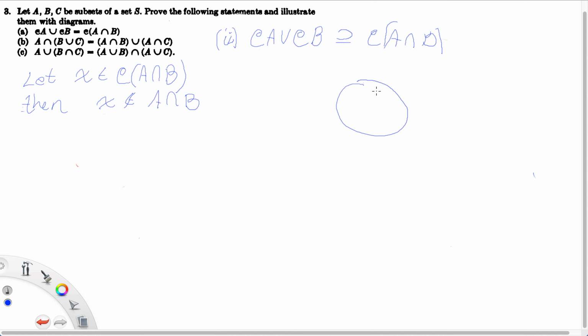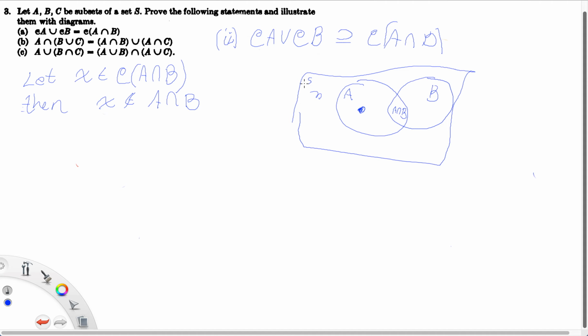There are two circles, A and B, and this is A intersect B. If x is not in A intersect B, then it's either not in A or not in B. So it could be over here, or over here, in our overarching set S. It's either not in B, or not in A, or both. It could be out here, which is neither in A nor in B.